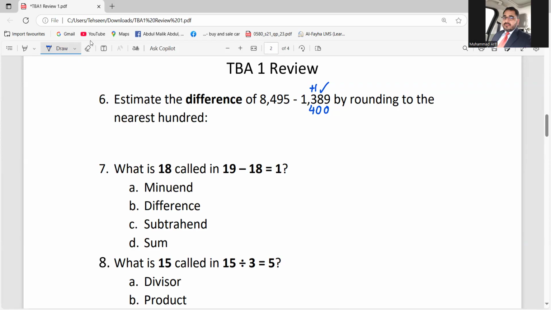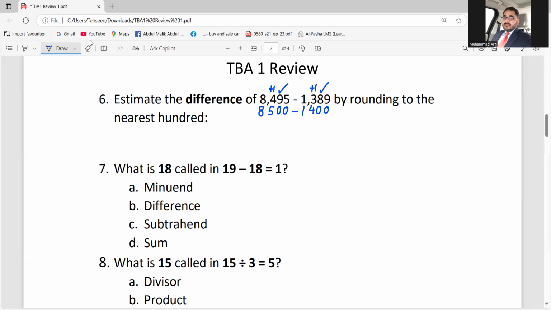Now this one is minus, and again we need to round to the nearest 100. The first 2 digits will be 0. The last digit we are making 0 is 9, 9 again in the upper bound. Okay. Then we need plus 1 in the next digit. That is 4 plus 1 is 5. And this 8 is 7.